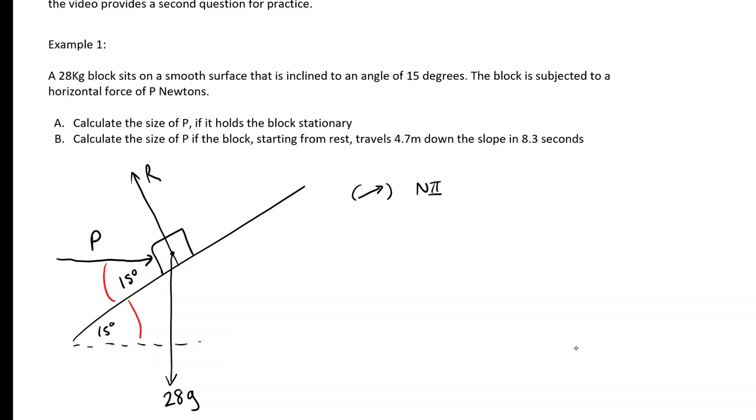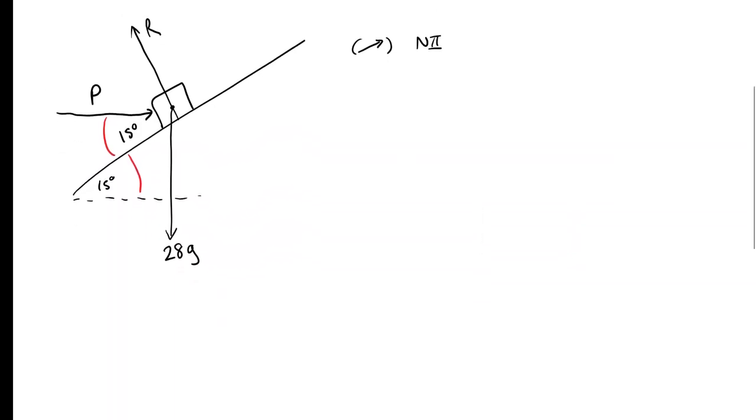We need the component of P that acts up the slope and parallel to it. So if we take P, it acts like that. Here is the parallel component of P that acts up the slope. There's the 15 degree angle. Here in yellow is the component of P that acts into the slope.